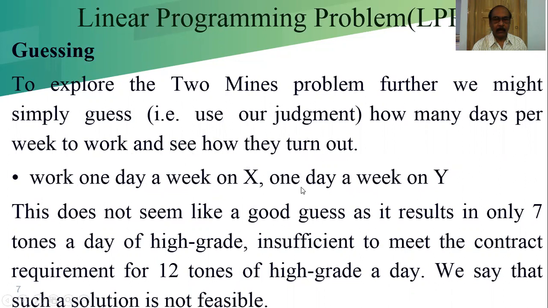This does not seem like a good guess, as the result is only 7 tons a day of high grade, insufficient to meet the contract. For that explanation, I have to move to this.